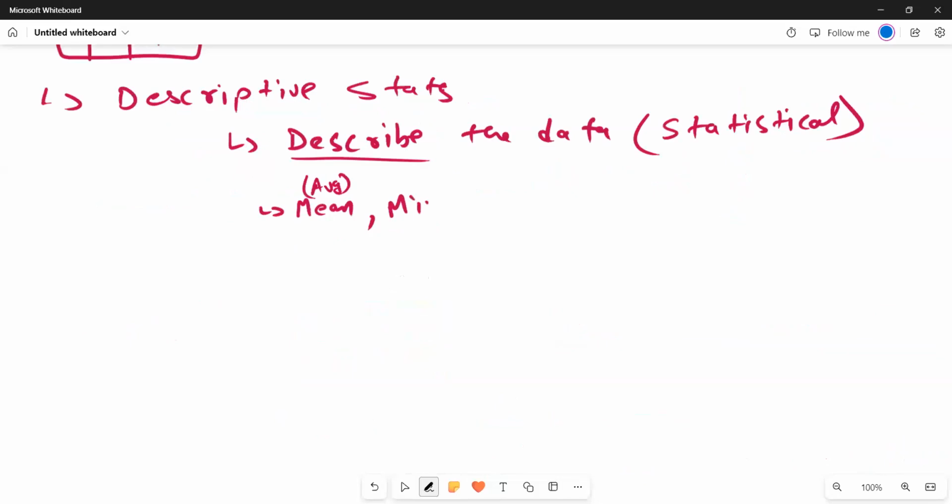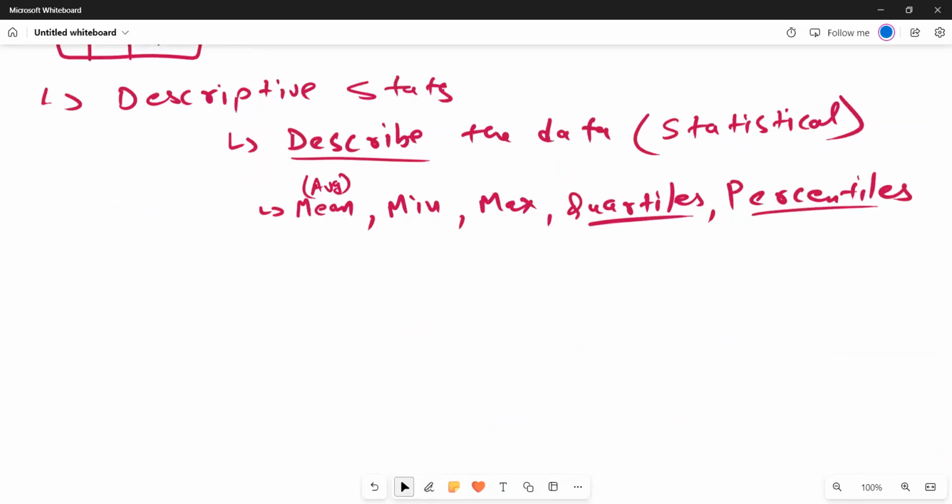It will also give you the minimum value, maximum value, and information about the quartiles, which in other terms are nothing but the percentiles. I hope everyone is well aware of these two terms as of now, because these topics have been covered in your previous sessions.